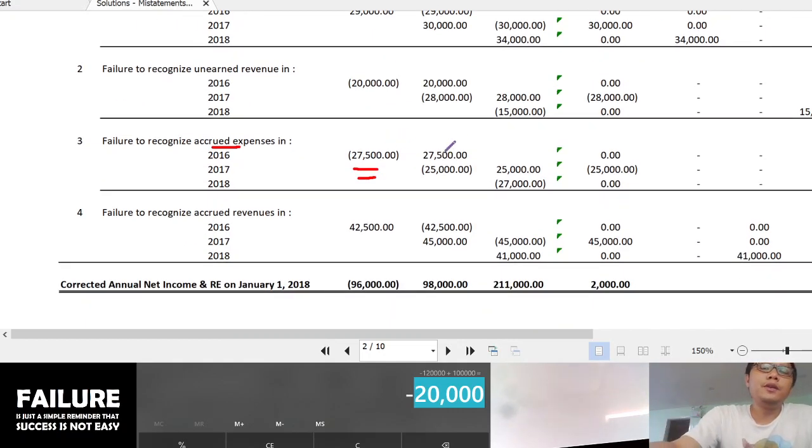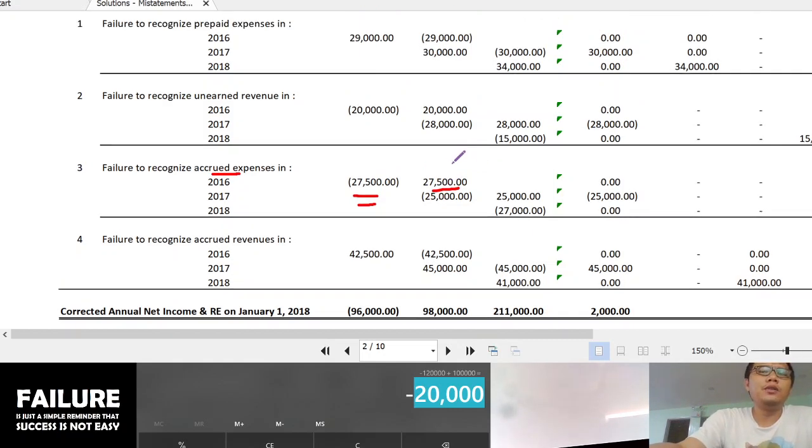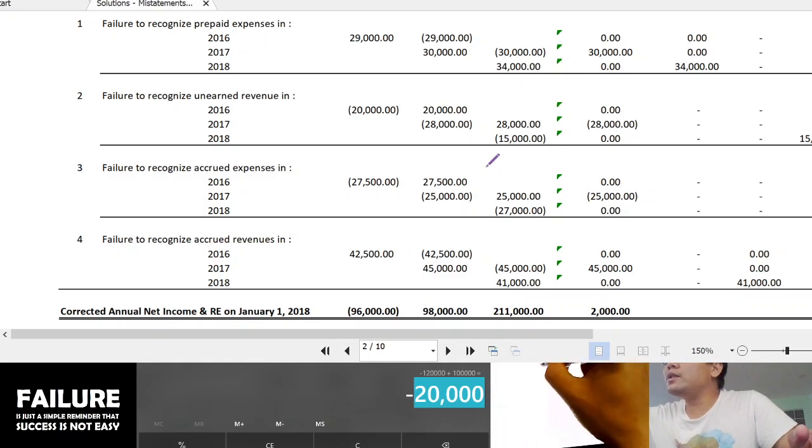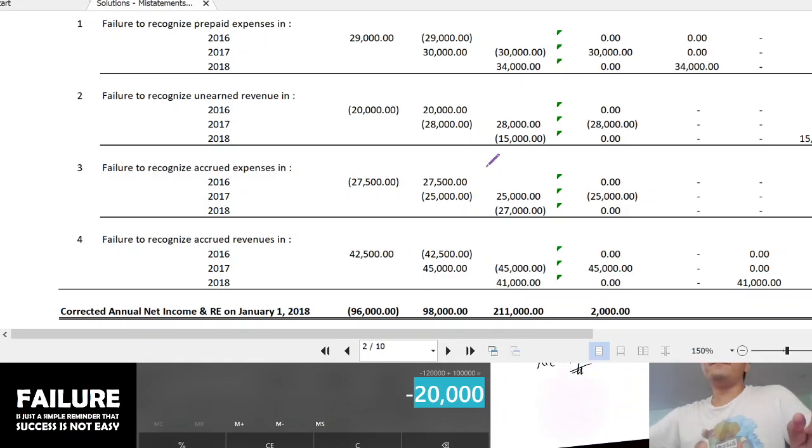Ang effect in the subsequent year is that dito mo siya mare-recognize kasi this is the year that you will pay for this. Diba? So the effect is, sobra yung expense mo dito kasi yun nga dapat dito mo siya na-recognize. Hindi dito. Diba? Sobra. So what will be the effect of that? It will understate your net income. Diba? It will understate your net income.